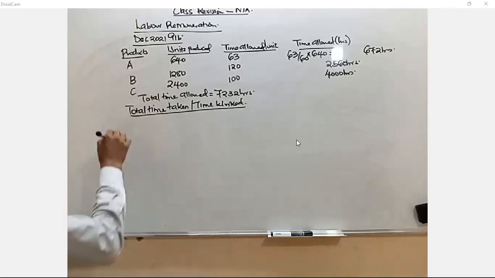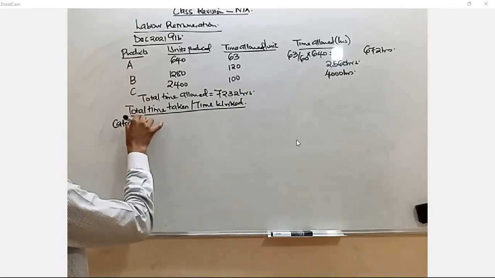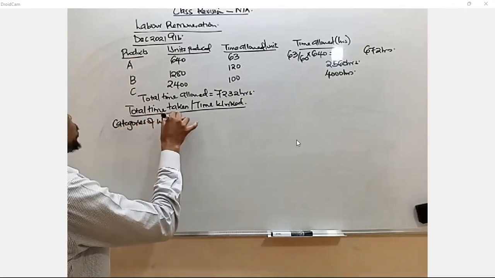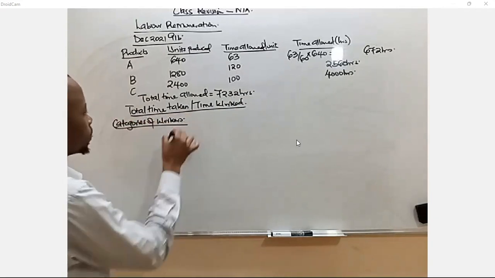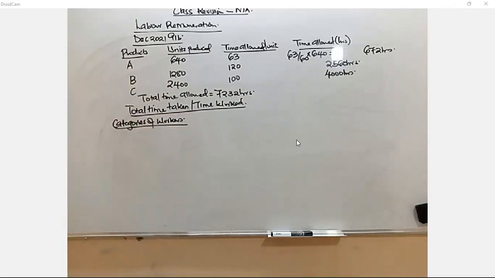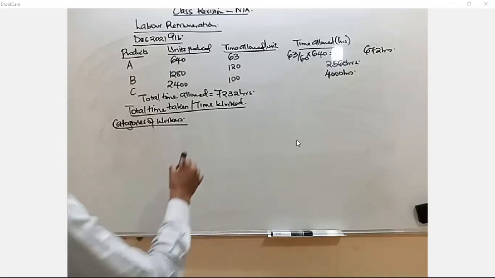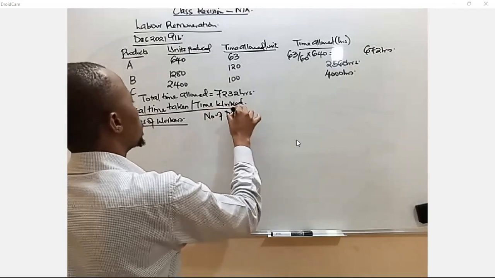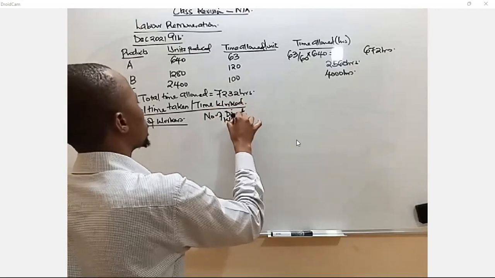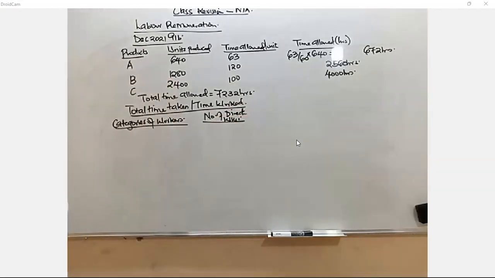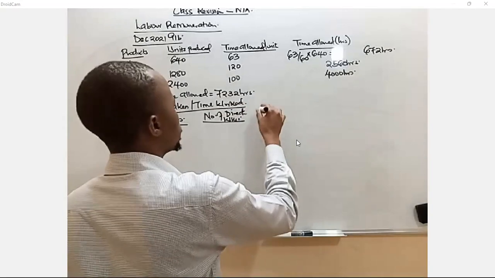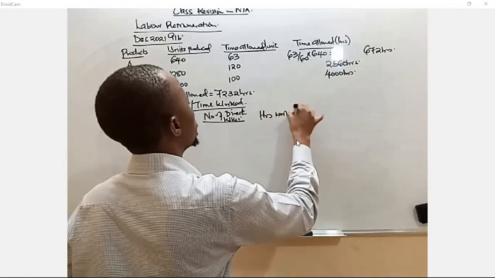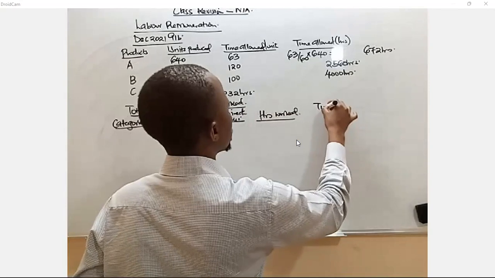Let us take the categories of workers, the number of direct workers, and then we have to look at the hours worked. At the end, we are going to get the time taken.